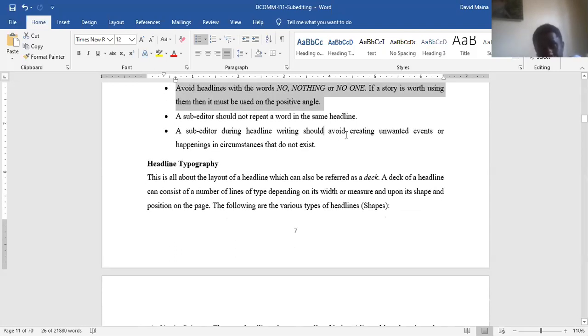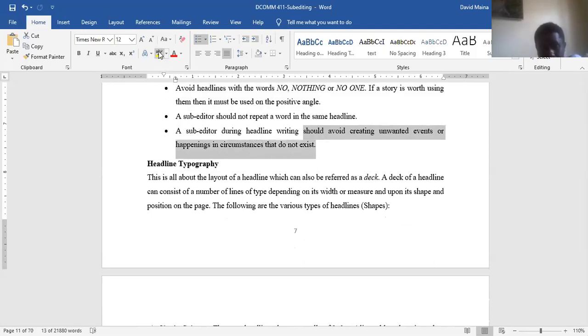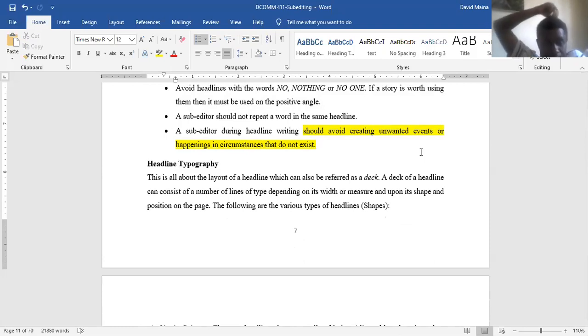Also avoid creating unwanted events that exist in circumstances that do not exist. Like for example, you are telling us stories that are not making sense. Like people are graduating and then Jesus appeared in between in that particular congregation, or Jesus was speaking at the pulpit or something.